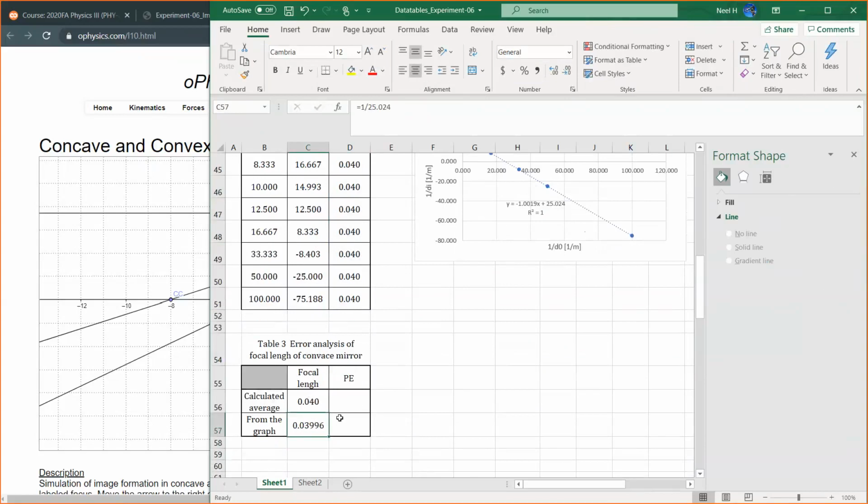So we can do the percentage error. The given value, the real value, is 4. So the percentage error, let's compare to that one. Equal sign ABS, expected value 0.04 minus calculated value, average. C56 divided by 0.04 multiplied by 100.